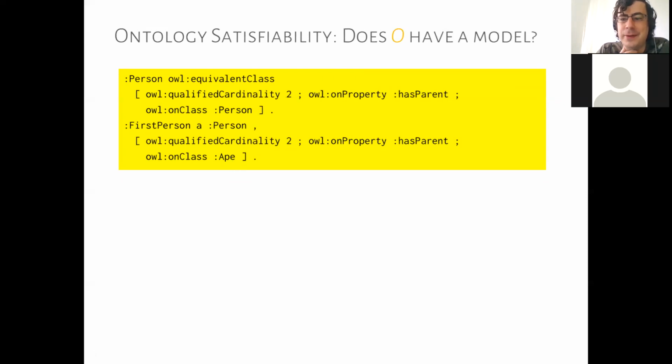Can we have a possible model? Is it necessarily inconsistent? Or is it possible to define some model of this ontology? Does it have an inconsistency or not? Any thoughts? Any guesses yet? Or any ideas? Yes or no?